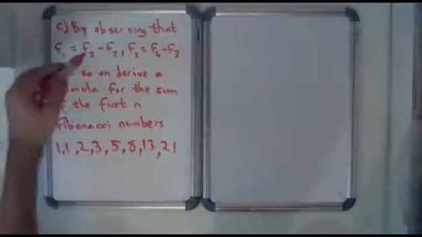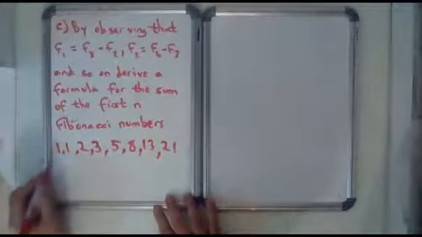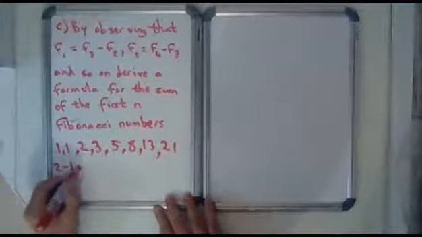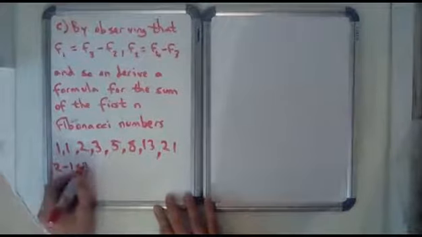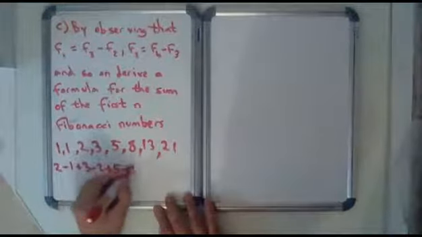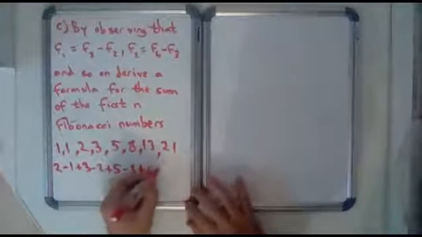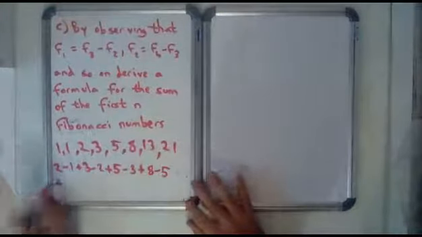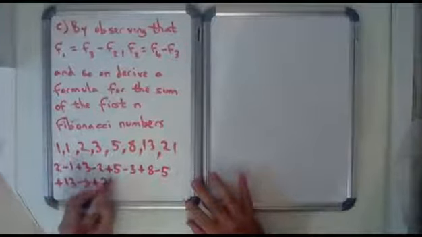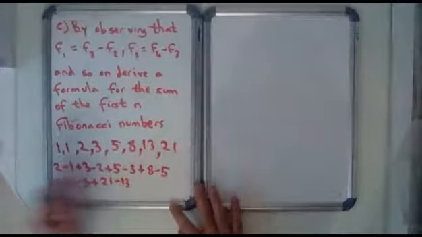If I observe that the first term can be written as the third term minus the second, what I'm going to do is write that down. So instead of writing 1, I'm going to write this 2 minus 1. So 2 minus 1 plus this next term is 3 minus 2 plus 5 minus 3 plus 8 minus 5 plus 13 minus 8 plus 21 minus 13, and I'm going to have to keep going beyond the numbers that I've got here.